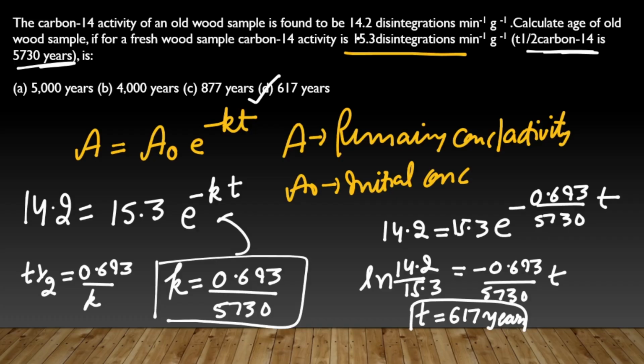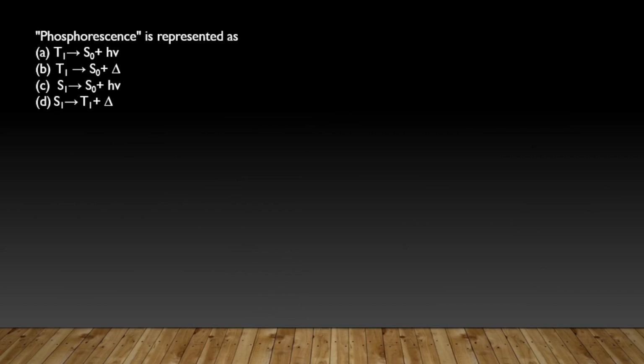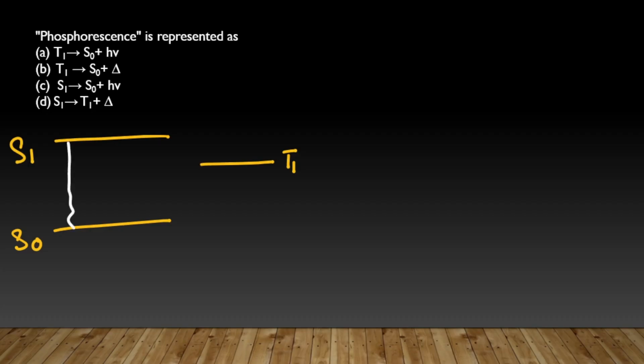Now the next question we have is this one. Phosphorescence is represented as, so we have the Jablonski diagram like this. We have different states of excitation in which it takes place. This is the singlet ground state. This is the singlet excited state, and somewhere it lies the triplet state, that is T1. If the excitation is from S0 to S1, this is called absorbance, right?